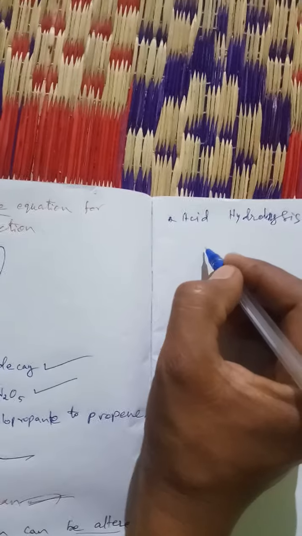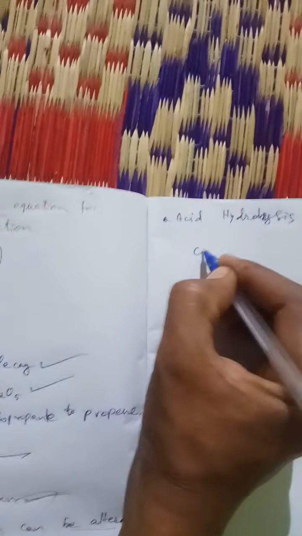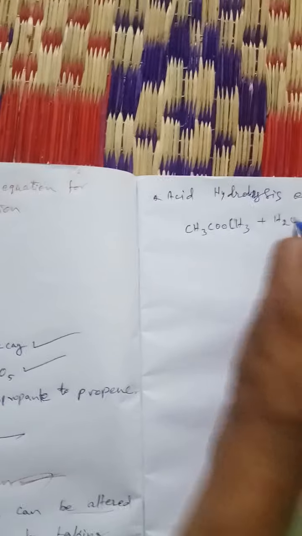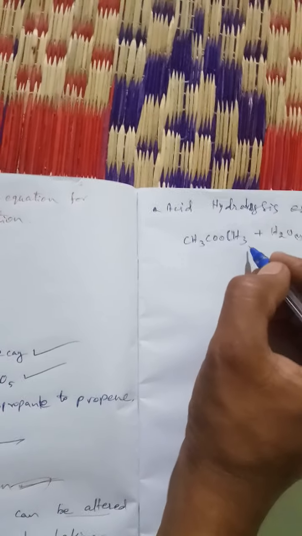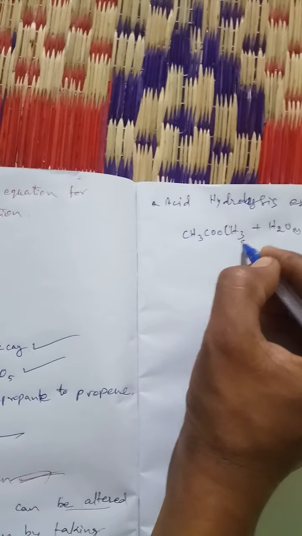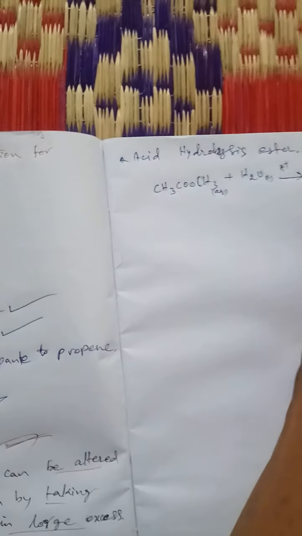The acid hydrolysis of ester is as follows: ester, methyl acetate, aqueous, plus water, liquid, in the presence of mineral acid, gives acetic acid CH3COOH plus methanol CH3OH, both aqueous solutions.